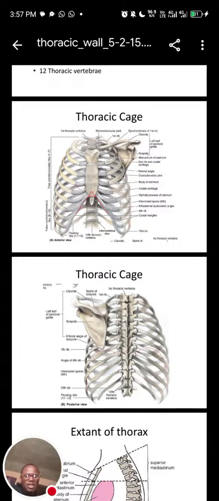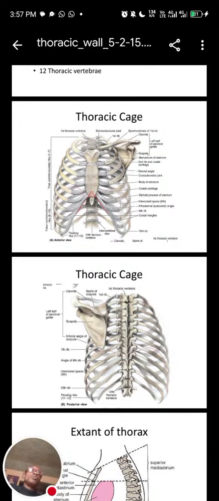And then after that, you have the thoracic cage, and after the thoracic cage, you have the thoracic cavity. The thoracic cage is just the ribs, the protector of the chest.